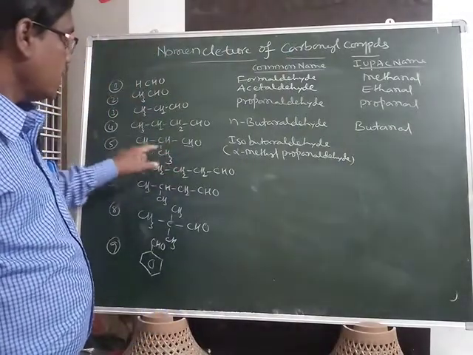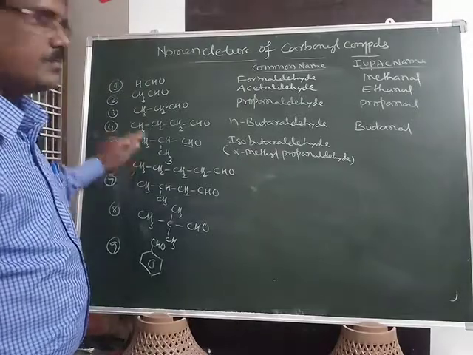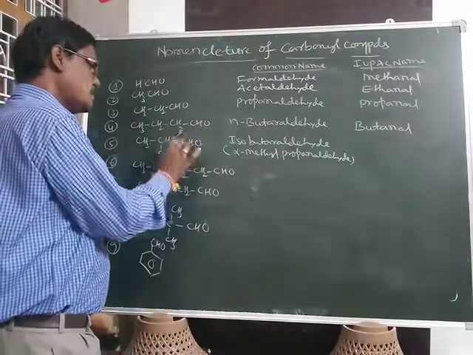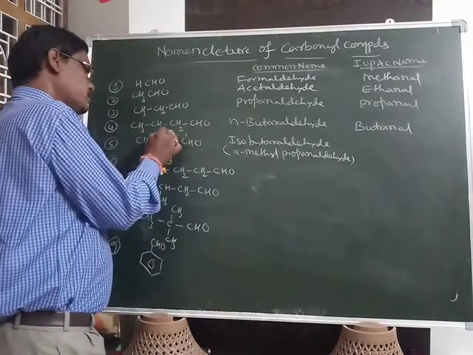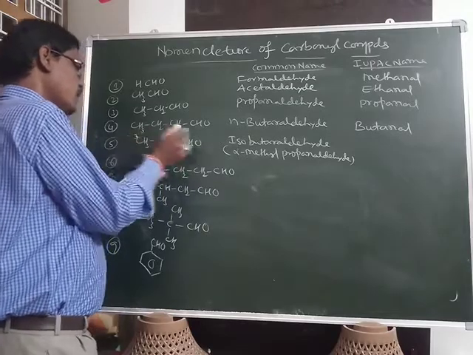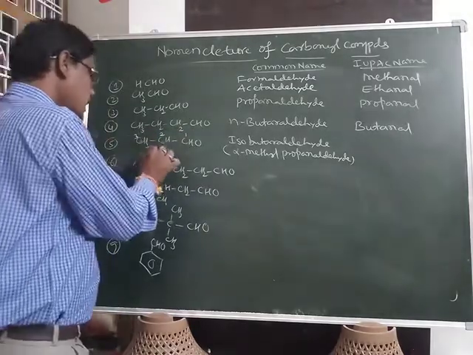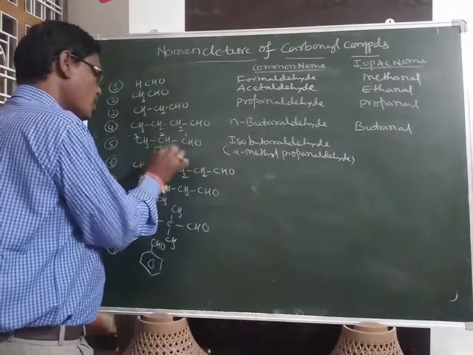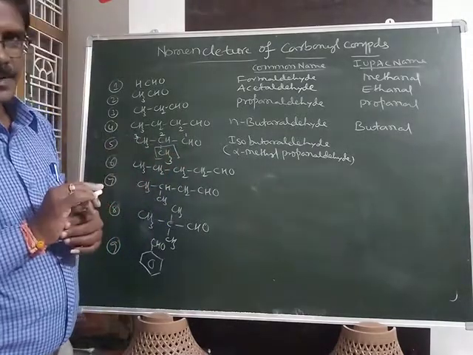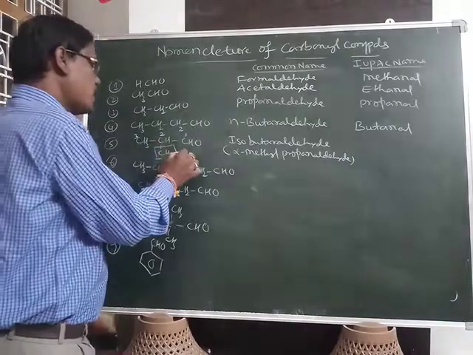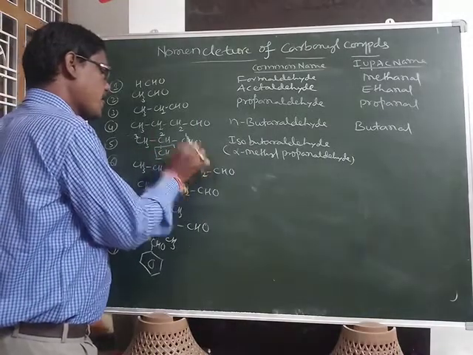But the isomer of this one is not a straight chain. We want to select the longest chain: 1, 2, 3. The extra carbon, which has no numbering in the main chain, is called a substituent.